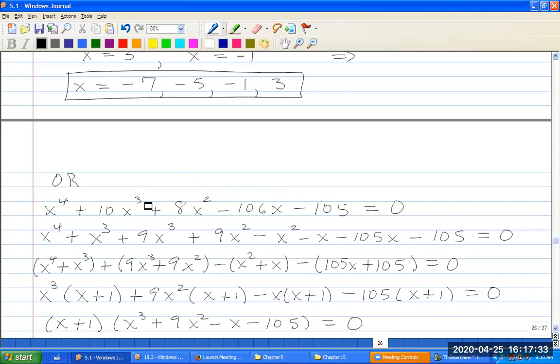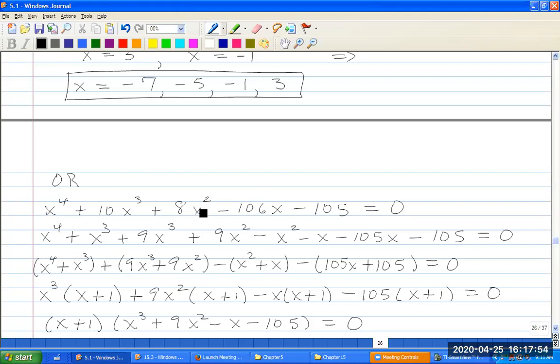If I add up the odd powers, so let's just add up the coefficients of that, that's 10 minus 106, which is negative 96.